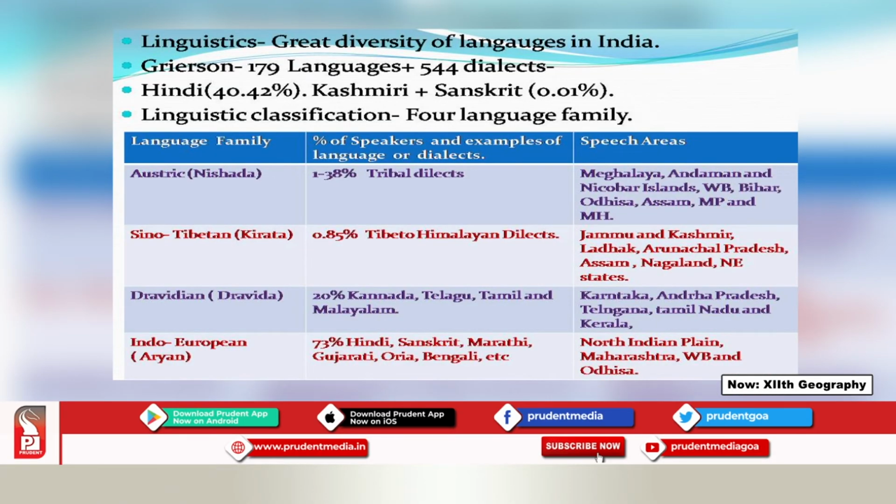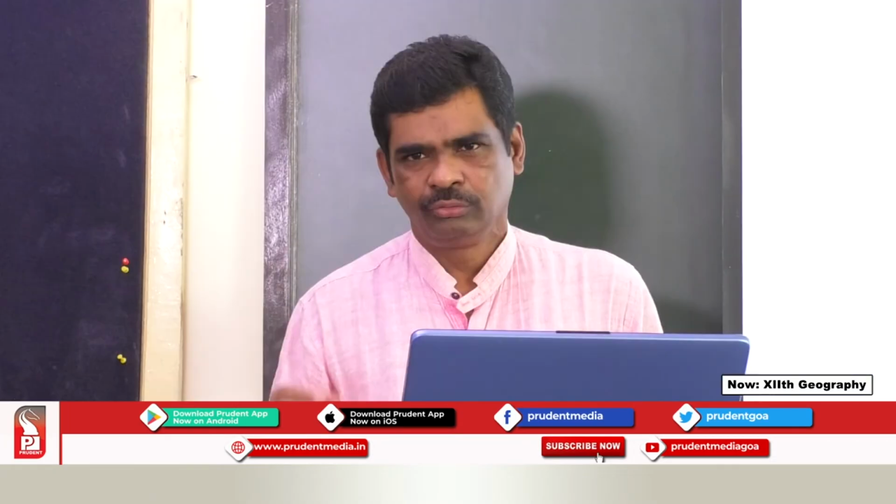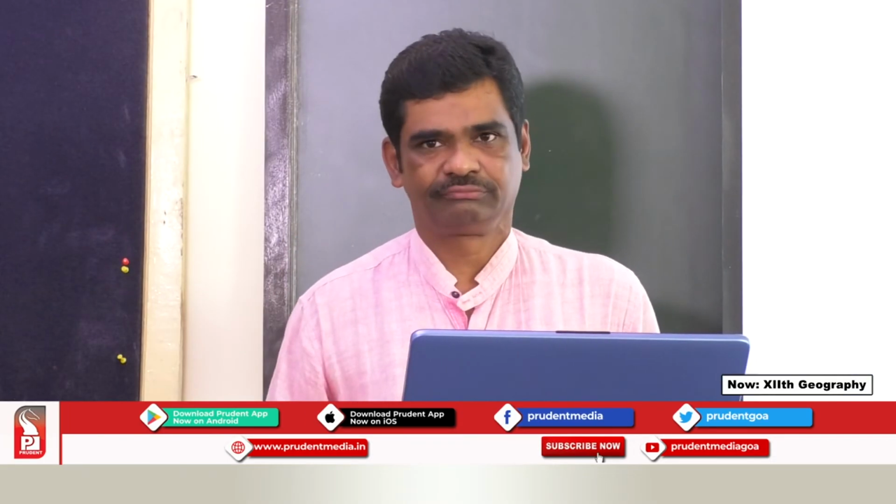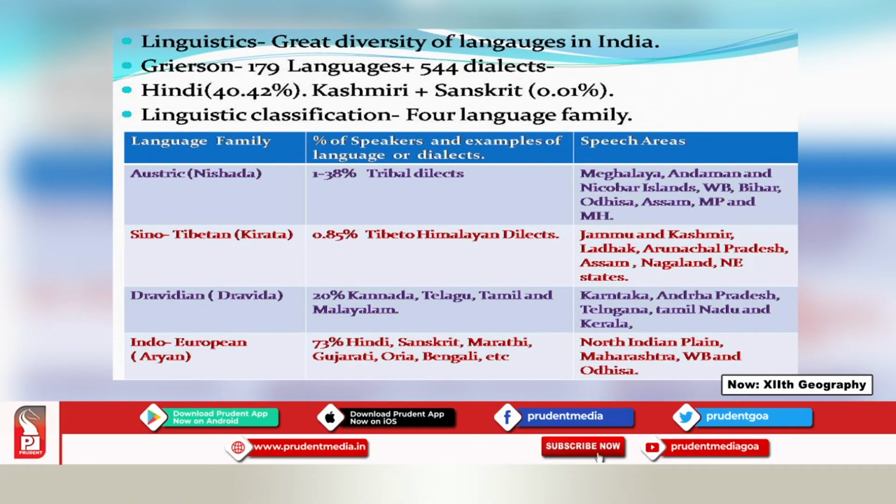Language family, first one is called Austric. This is also called Nishada. The percentage of speakers is 1.38%. Very few people speak them. These are tribal dialects. If you go to Assam, Chhattisgarh, and parts of northeastern states, each and every tribe has its own dialect.